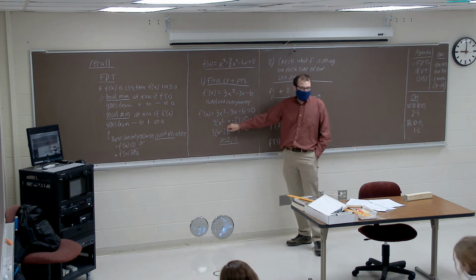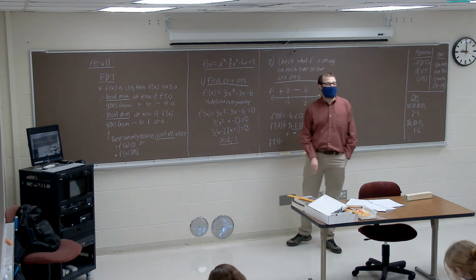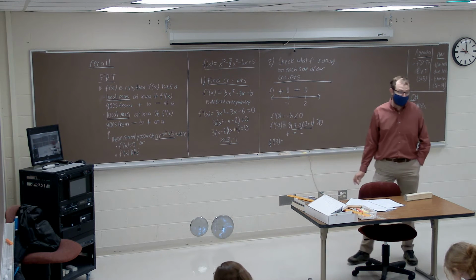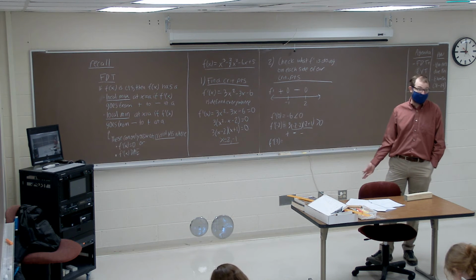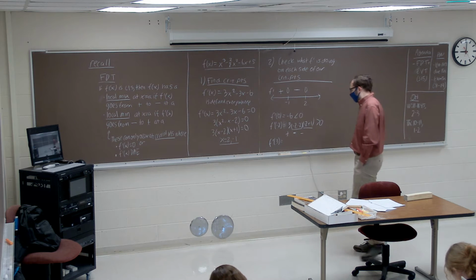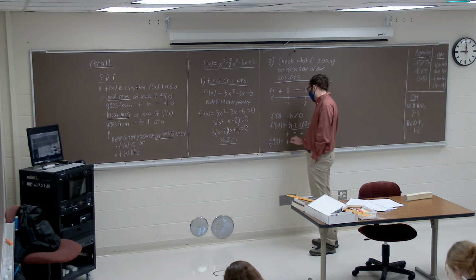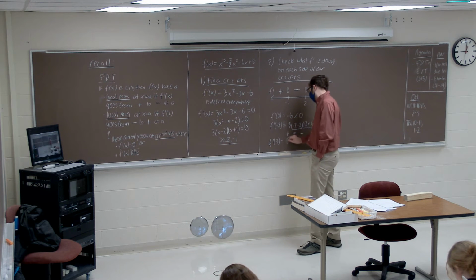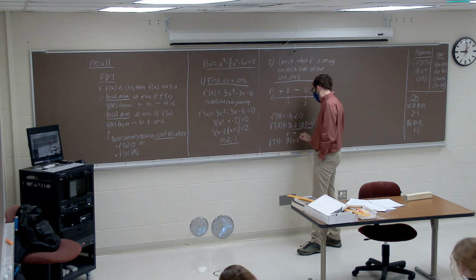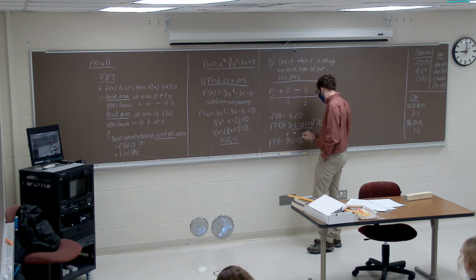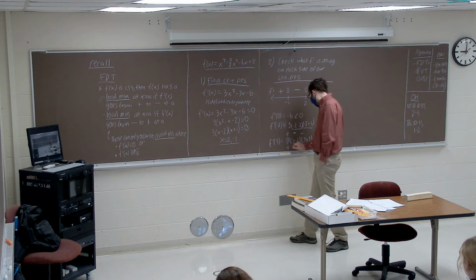again, I'm going to use this factored form down here just because I think that's a little bit easier to work with if all we're trying to do is find, are we getting something positive or negative? Let's see. 3 is going to be positive. Or let's just write this out. We'll get 3 times 3 minus 2 times 3 plus 1, which is going to be a positive number times a positive number times a positive number.